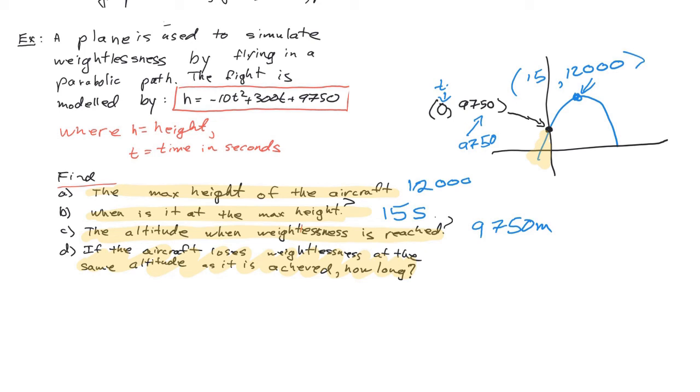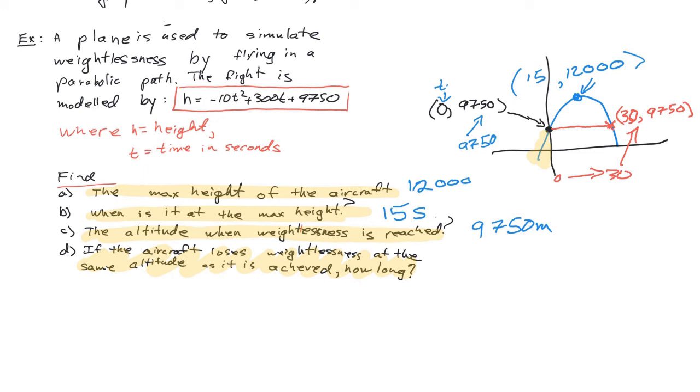Remember what we did was we literally walked ourselves across the parabola to this point here. We knew that was 0, 9750, but then we read off the graph that this was 30, 9750, which means that we actually traveled from 0 to 30 seconds on here, which meant the following.